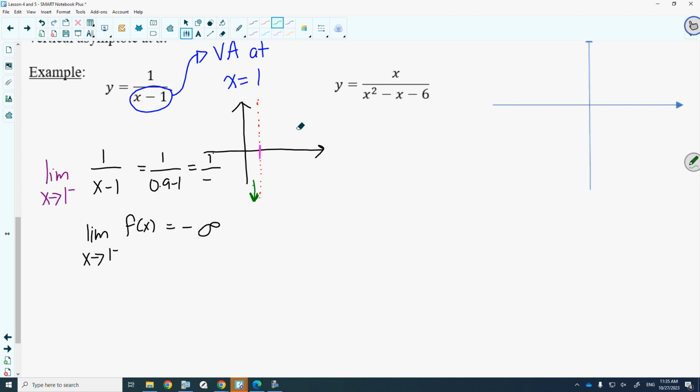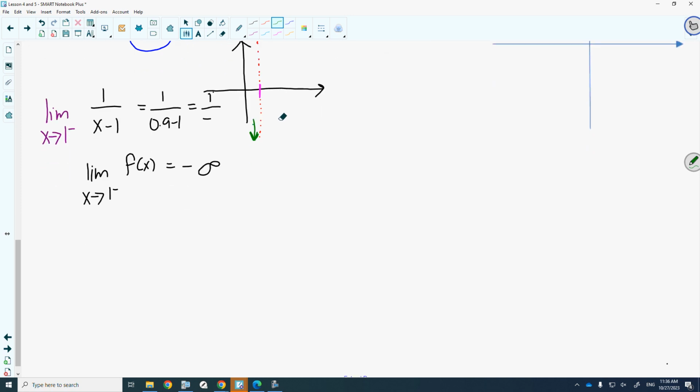Okay, let's see where this graph goes as it approaches 1 from the right-hand side. The limit as x approaches 1 from the right-hand side of this function is equal to, I need to pick a number bigger than 1. So I'm going to pick 1.1. And 1 is a positive number divided by, Alex, would I have a positive number or a negative number down here?